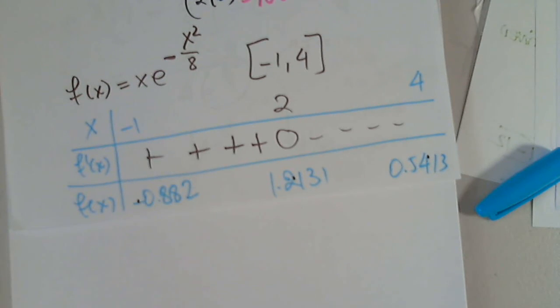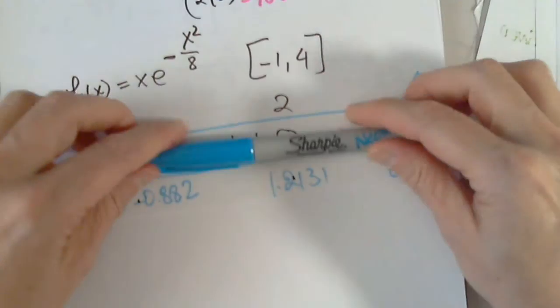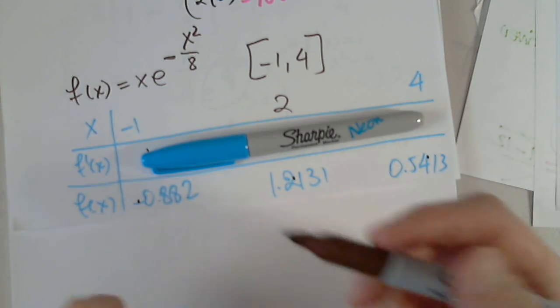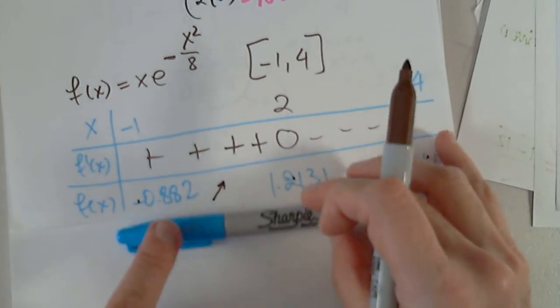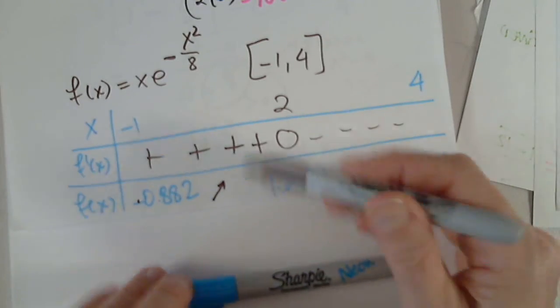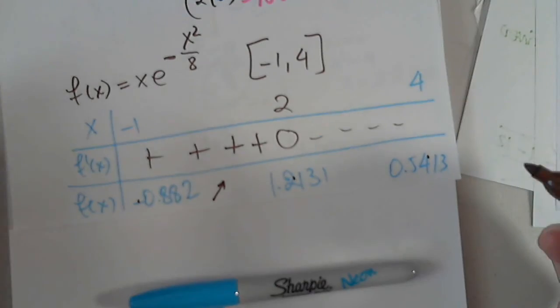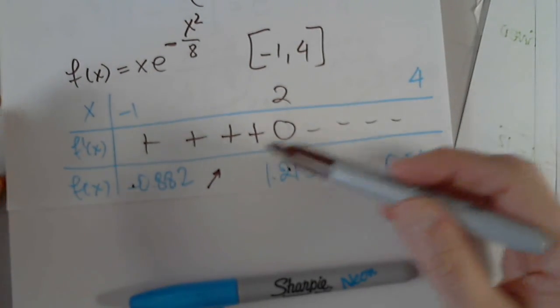Okay, moment of truth. So from negative 0.882 to 1.21, what does the function do? Increase. Is that supported by the sign of the first derivative? That's how I catch my mistakes. If the function is increasing and this is negative, I'll say, uh-oh, go back, wrong.